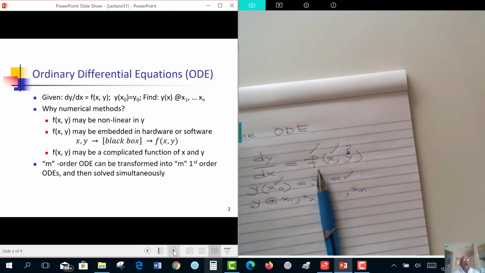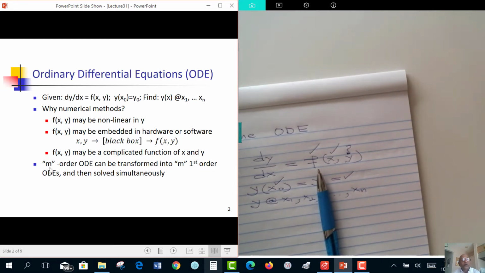Second, the function may be embedded in hardware or software, so we may not know the function exactly. All we do is we feed x and y to a black box and it gives us the function value. So we may not know the function explicitly. Or the function may be a complicated function of x and y that you may not want to integrate.